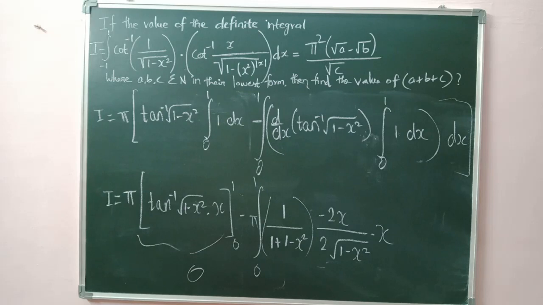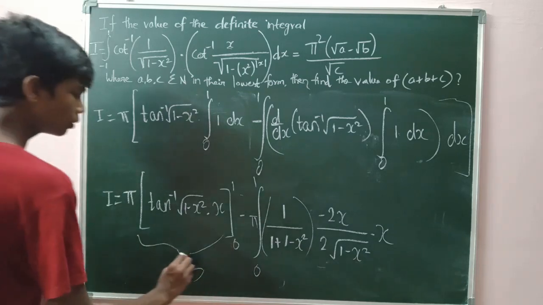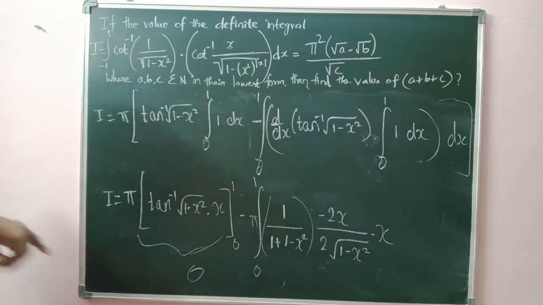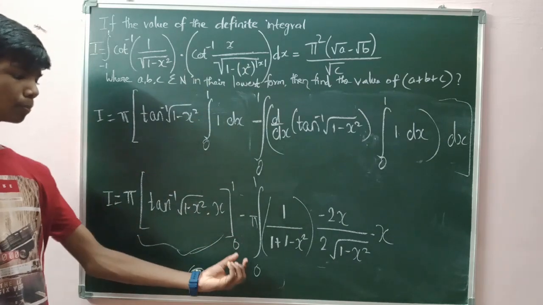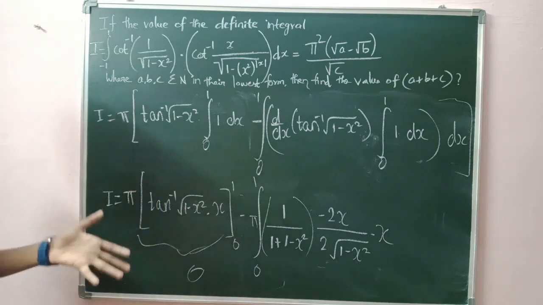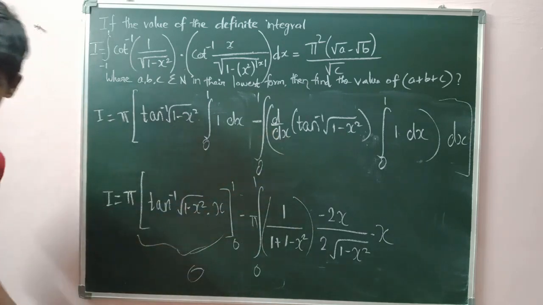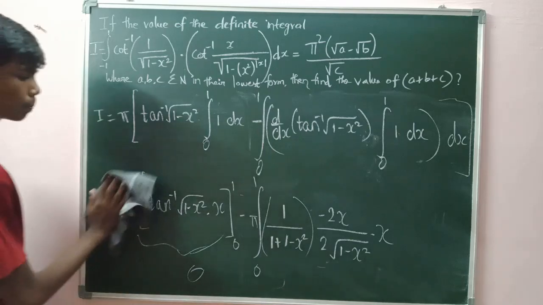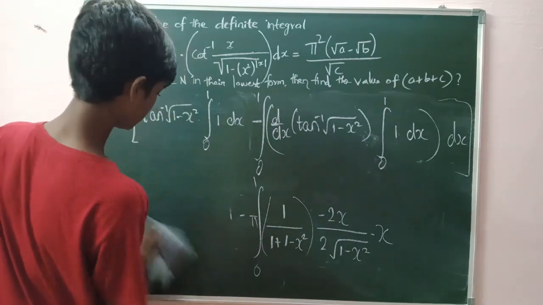So tan of 0, then the whole value will be 0. Because when you put the limits, this is something you will be getting. So when you put the lower limit, it will be 0 times x is 0, so the whole thing is 0. Therefore this particular term is 0. So don't care about this particular expression.